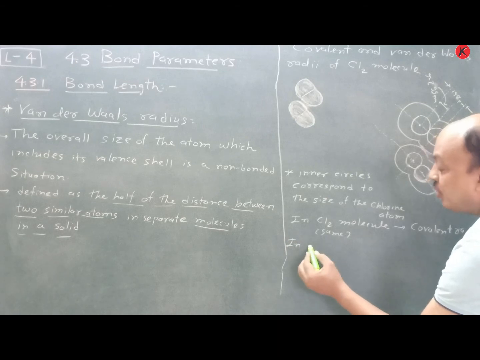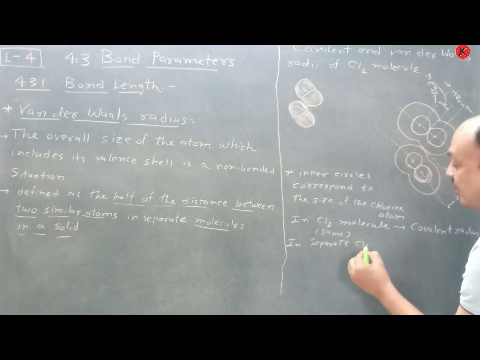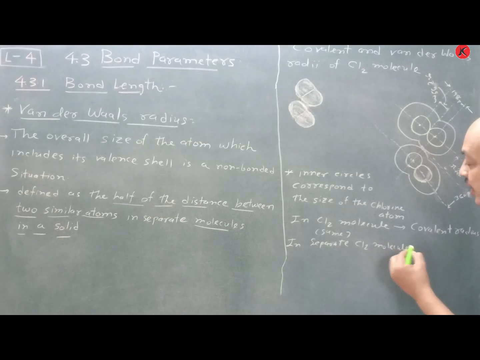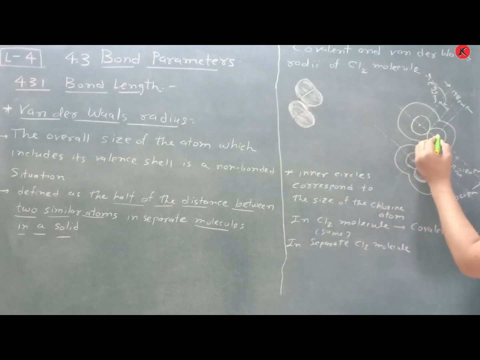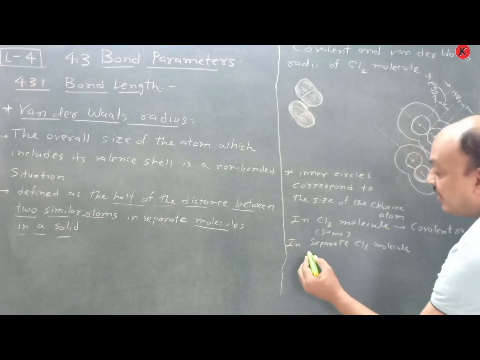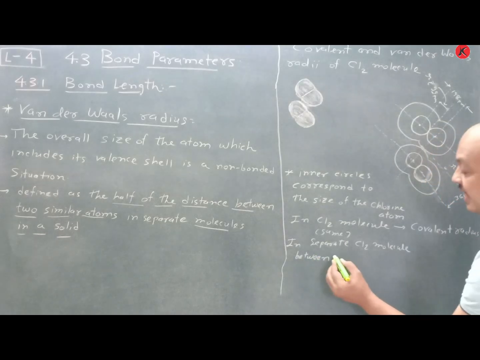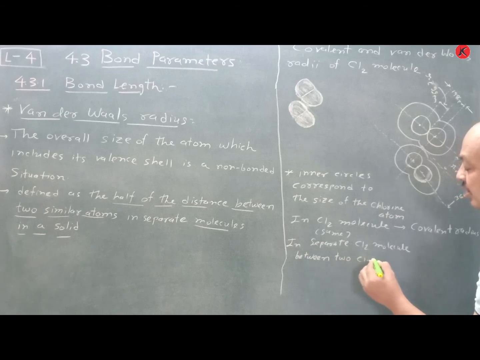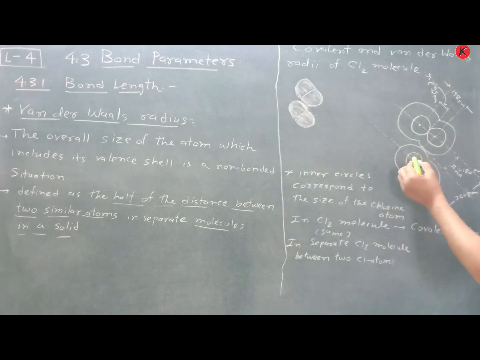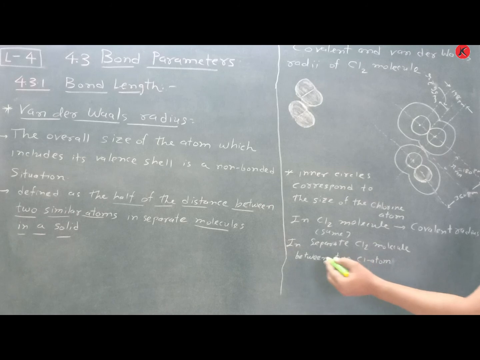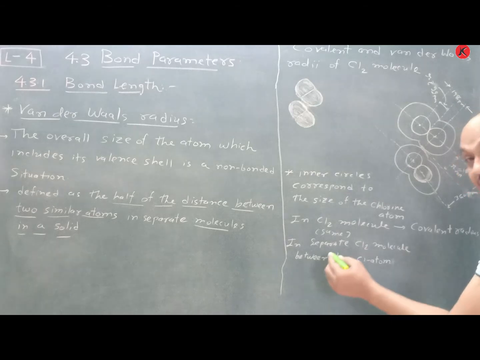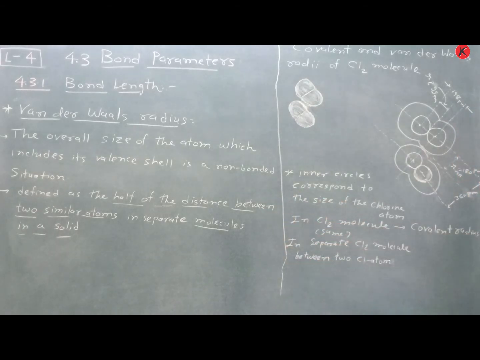In separate Cl2 molecules, suppose this is A and this is B, the distance between the two Cl atoms, one chlorine from this Cl2 and another from a separate Cl2 molecule, we take in solid form.